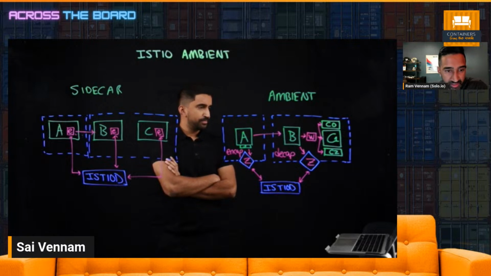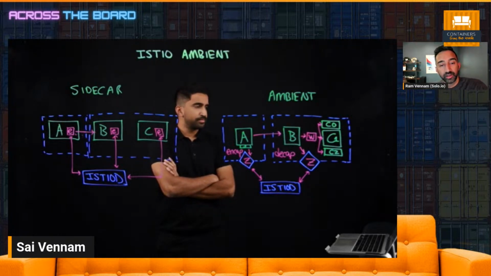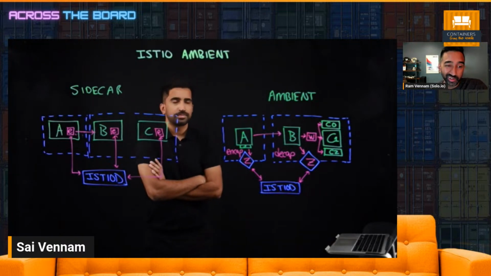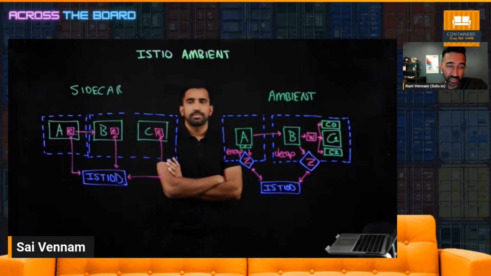They don't need 100 instances of the Waypoint proxy. So it gives you the flexibility to scale Envoy independently of your application networking need. Going back to the principles of microservices, right? Give you that flexibility and only stand up what you really need, which is where Envoys as a sidecar kind of struggled a little bit.